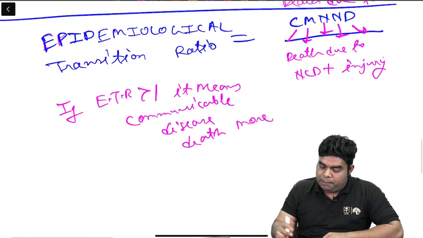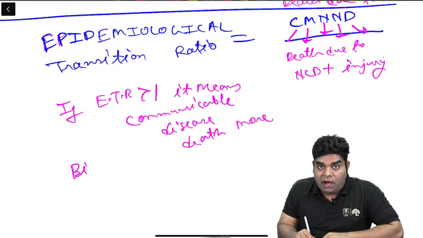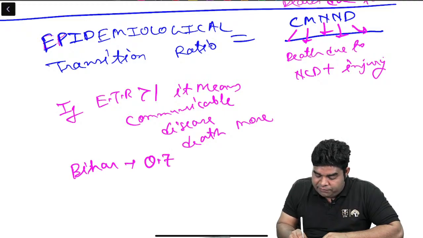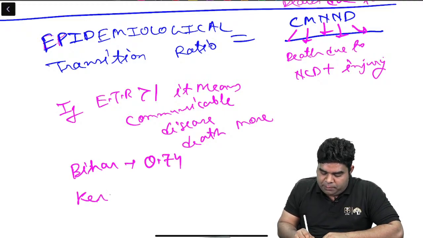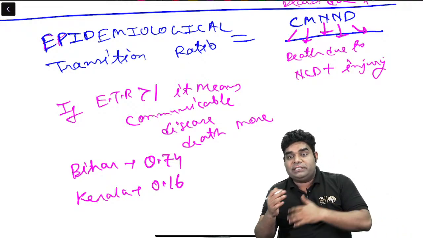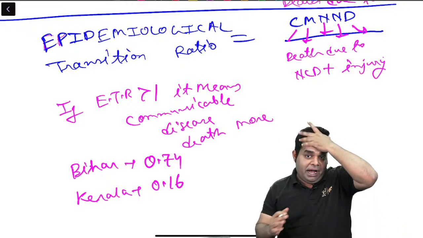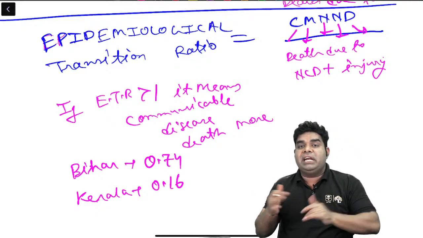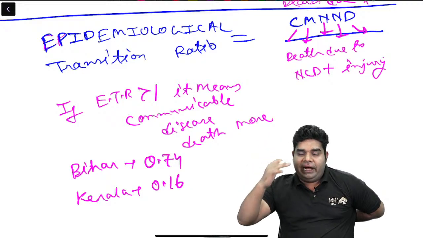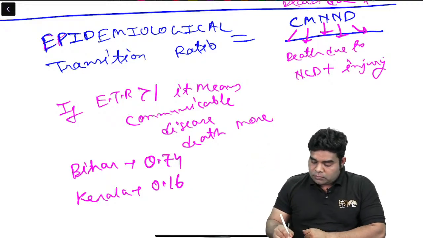For example, if you compare the epidemiological transition ratio of Bihar with Kerala, Bihar has an epidemiological transition ratio of 0.74, whereas Kerala has 0.16. So in Kerala, the NCD is more, but in Bihar, the communicable disease is comparatively more than Kerala. Okay, so we write communicable above and death due to NCD and injury below.